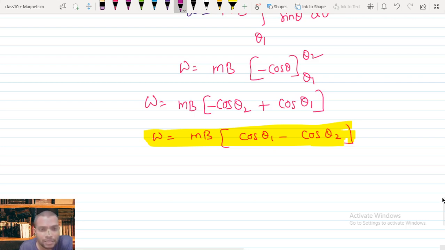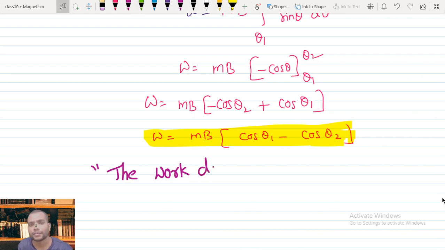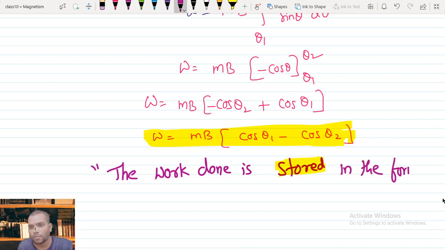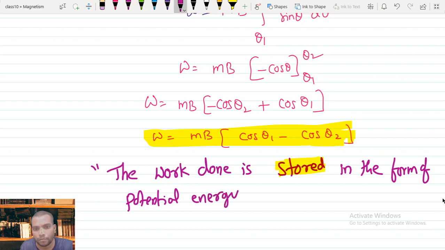So we know the work done is stored in the form of potential energy. We represent that potential energy with the letter U.